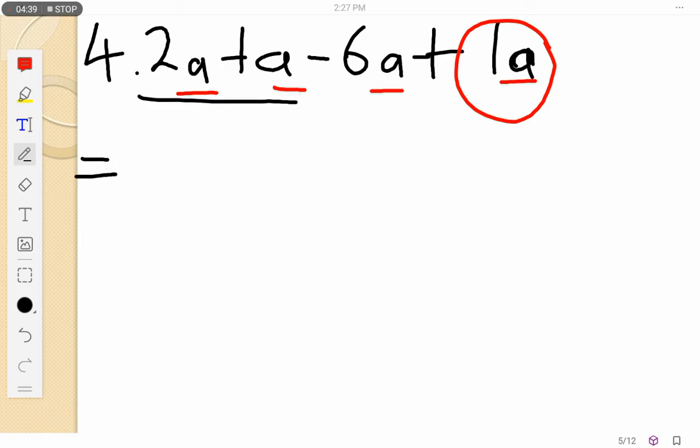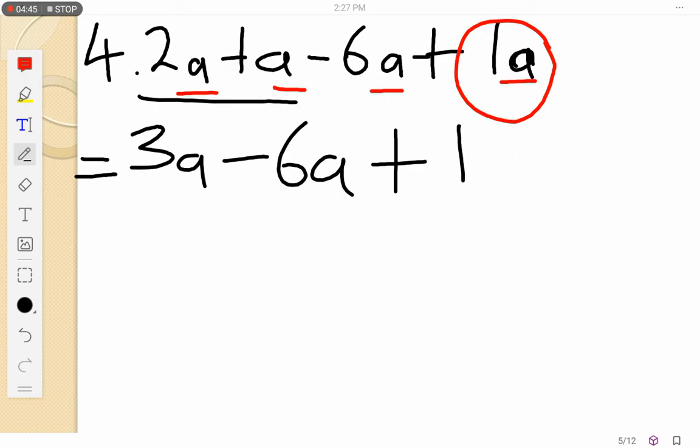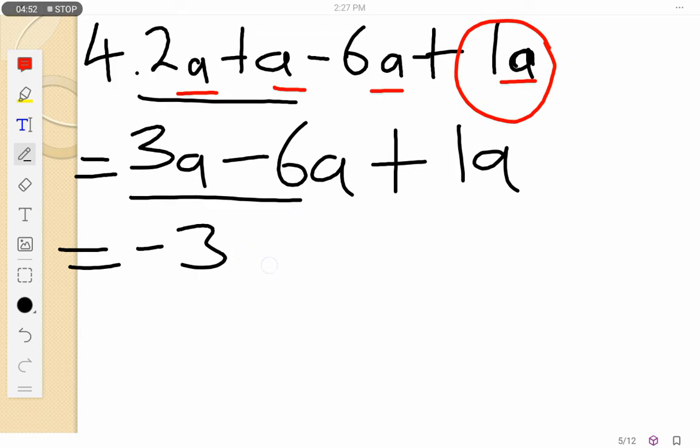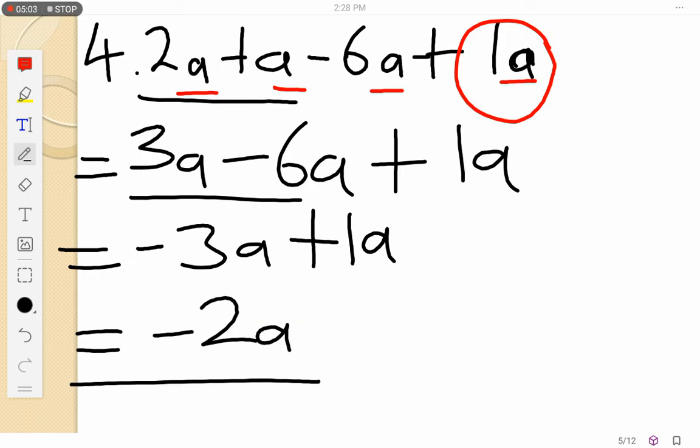So I'll have 2a plus a, I've got 3a, then minus 6a plus 1a. Then 3a minus 6a gives minus 3a plus a. If I add those, minus 3a plus 1a, we get minus 2a. This becomes the final answer.